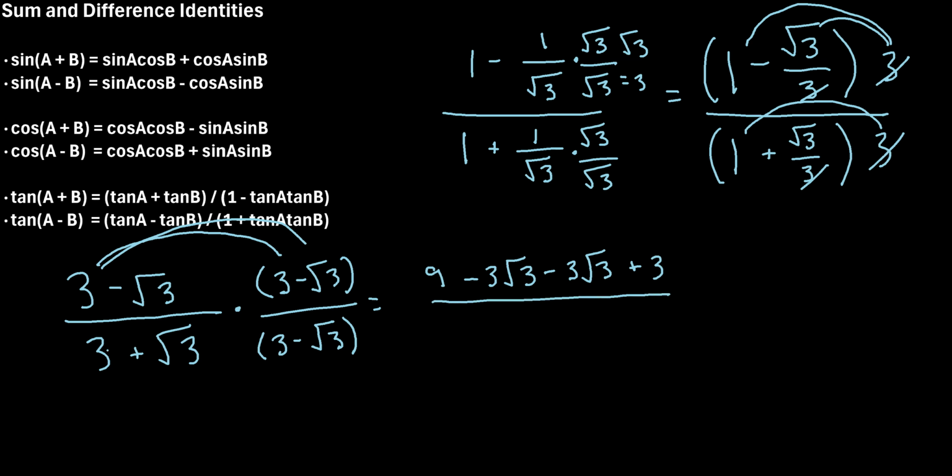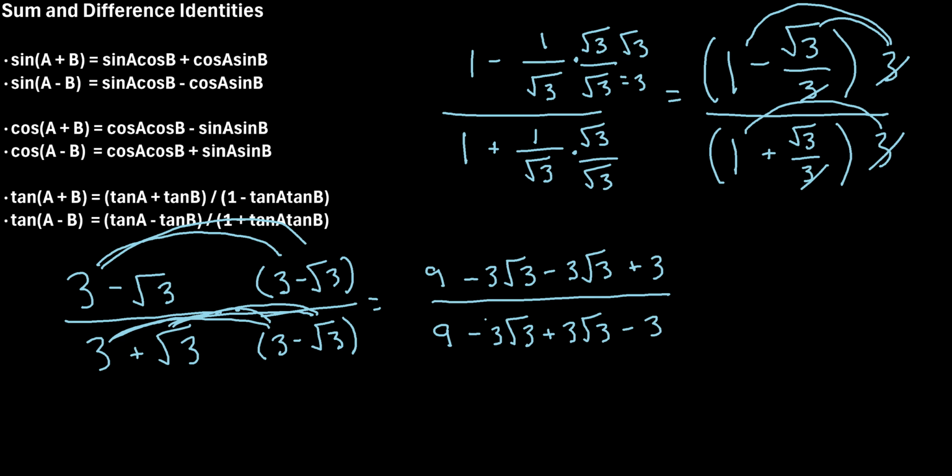And in the denominator, we have 3 times 3, that's 9. Then we have 3 times negative root 3, so minus 3 root 3. And then we have root 3 times 3, so we have plus 3 root 3. And then square root of 3 times negative square root of 3, so we get minus 3.